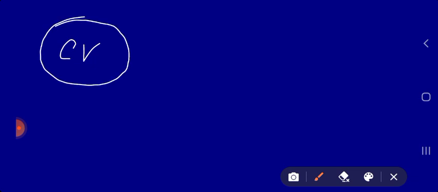Suppose this is the central vacuole, and around it is the cytosol.